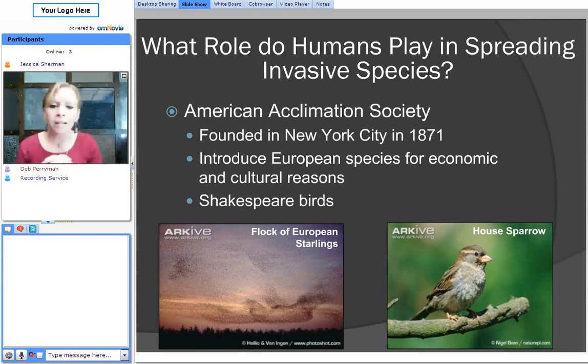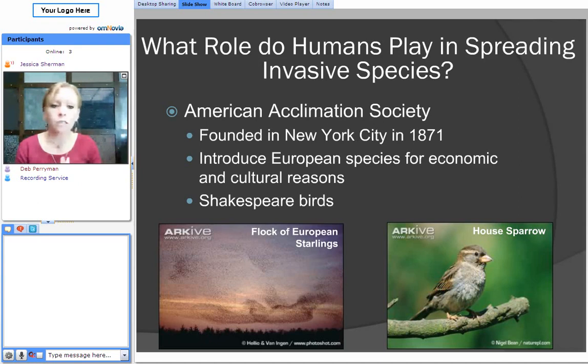And the president of the society in the late 1890s was a Shakespeare enthusiast. So his goal was to bring over every species of bird that was ever mentioned in Shakespeare's plays. They introduced hundreds of different birds and lots of species into the Central Park area. And then from there, their populations became invasive and they boomed.